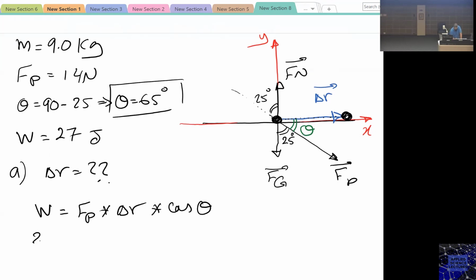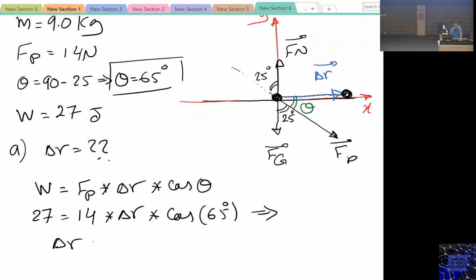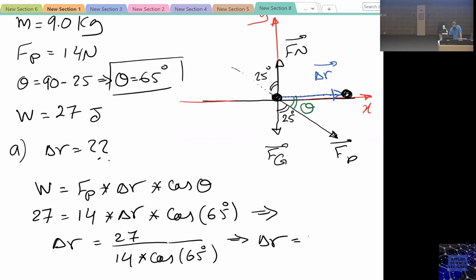So substituting here, I have 27 equals 14 times delta R times cosine 65 degrees, and delta R is 27 divided by 14 times cosine 65 degrees, and delta R is 4.6 meters.